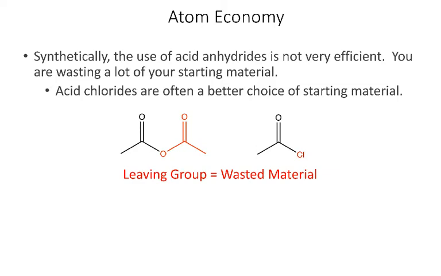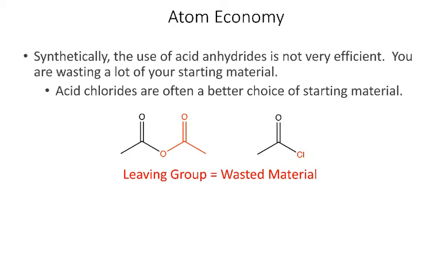One, we probably had to make it from the acid chloride to begin with, and since we can basically do all the same reactions, it just adds another step. But then we also have a lot of wasted material, right? The leaving group is essentially being wasted, and so we're wasting all of these atoms as byproducts, and even more if the rest of this carboxylate group is even larger, whereas there's relatively less wasted atoms in the case of using an acid chloride.